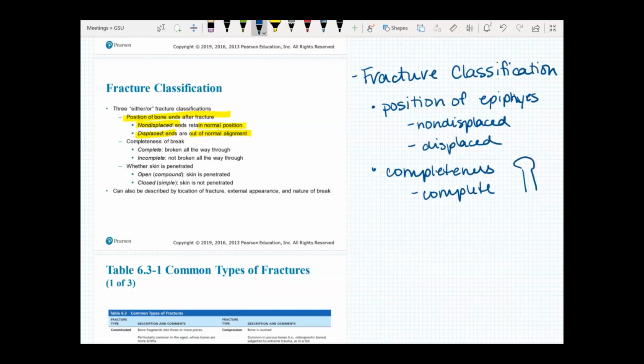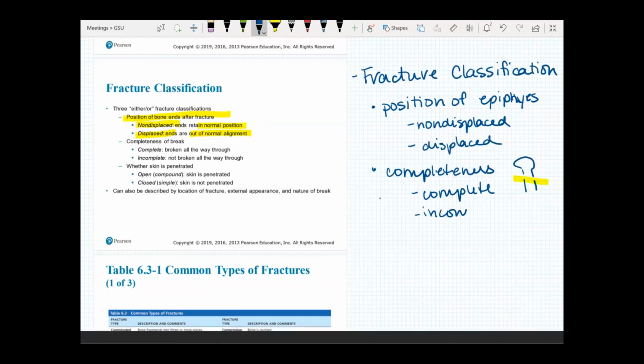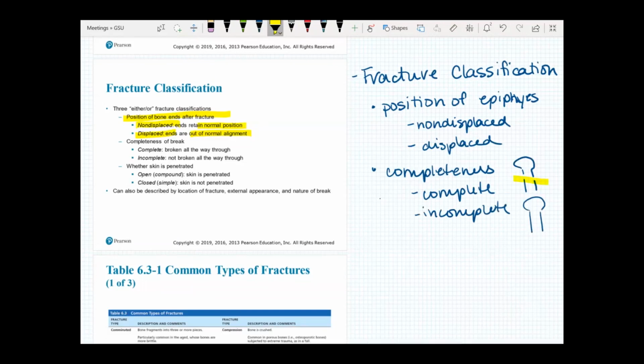So this is my bone. You've sliced it like that. It is going to be broken all the way through. Whereas if you have an incomplete fracture, this is only breaking a bone halfway through. You have gone halfway, but you haven't gone all the way through.